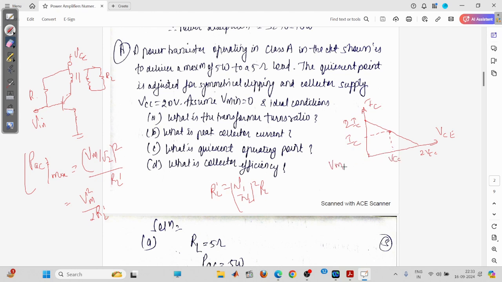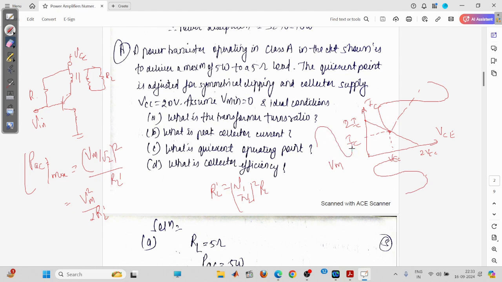So Vm, if you are going to impress the AC voltage here, this is the reflected VCE. I have drawn like this. This one is the IC.